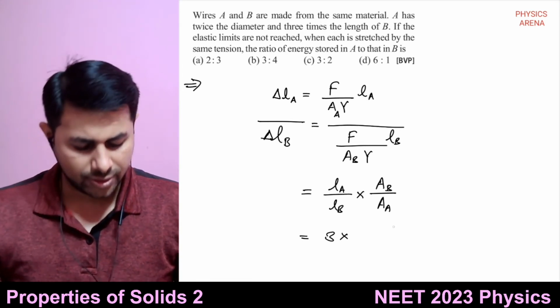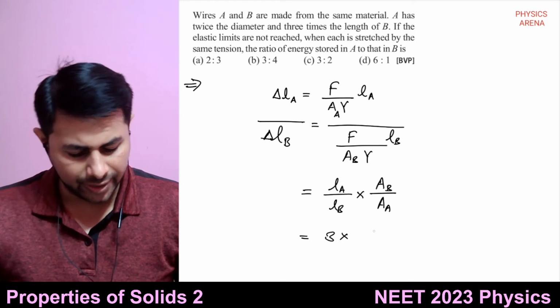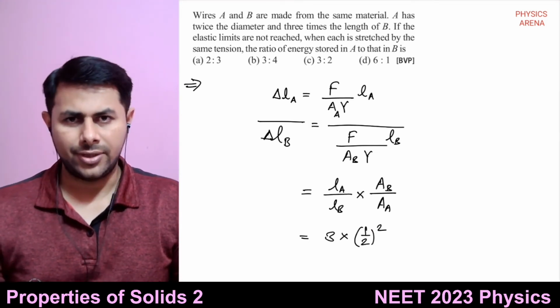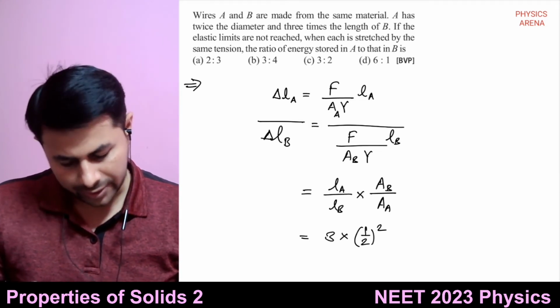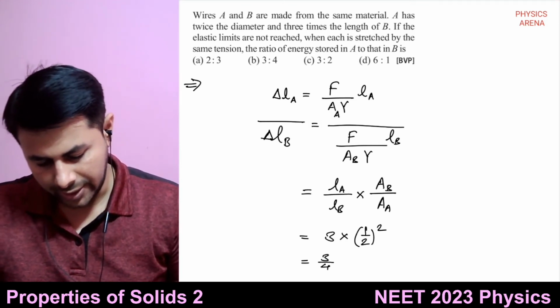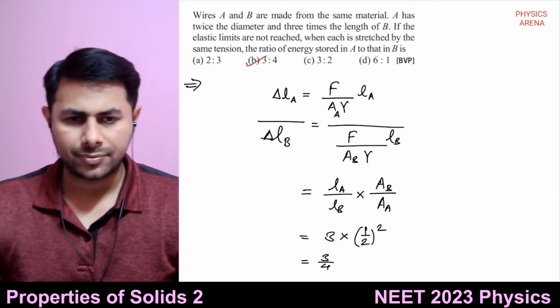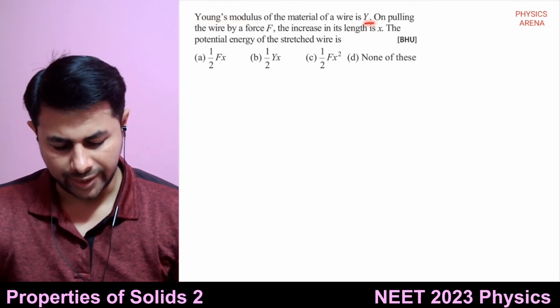So the diameter of A is twice, that means AB is to AA is half squared. Diameter squared. So it is 3 is to 4. Right, 3 by 4. This is the answer. Option B.